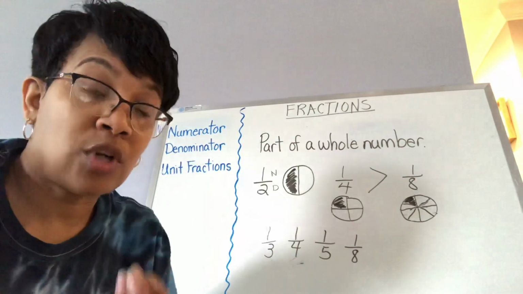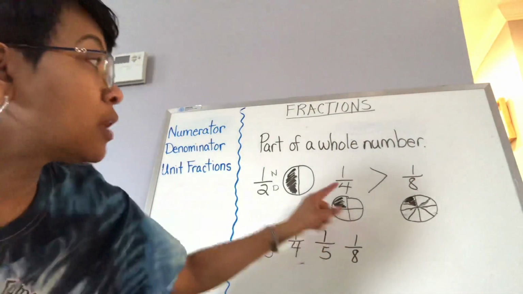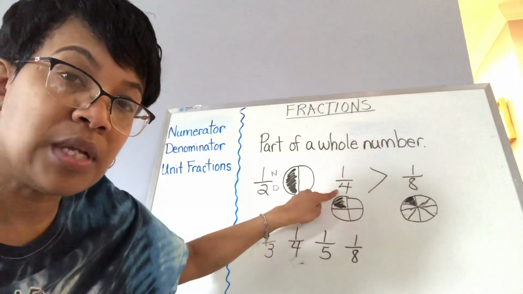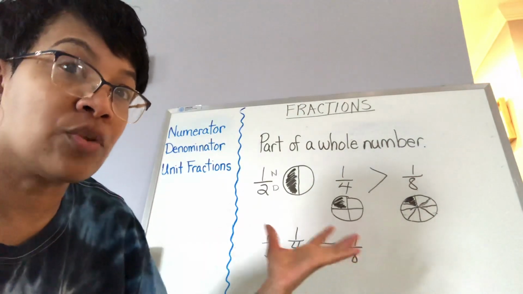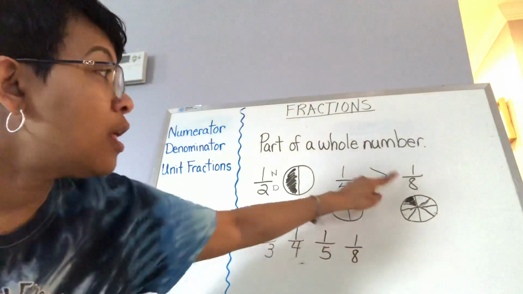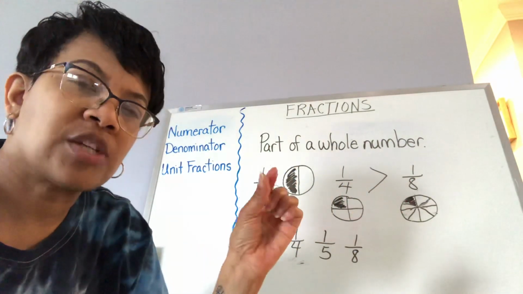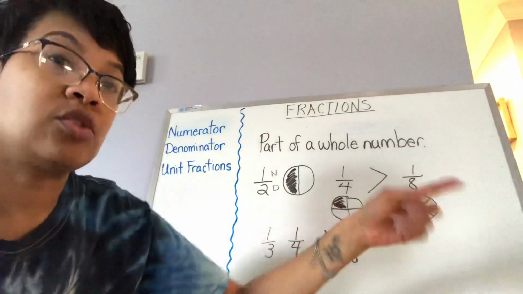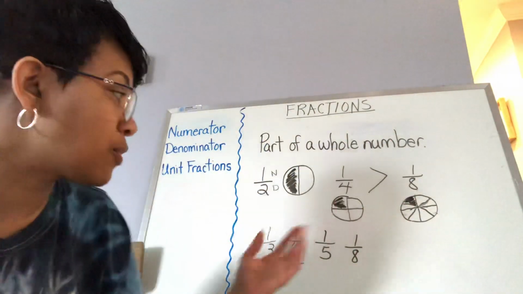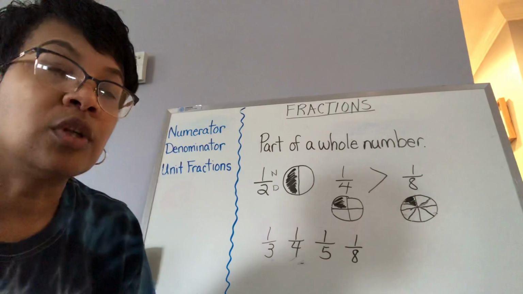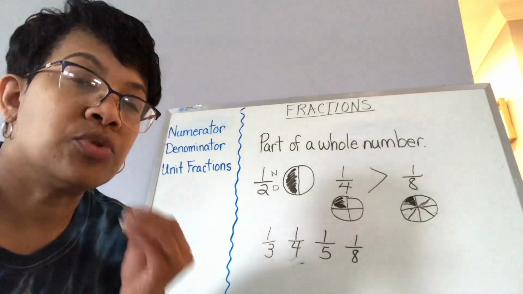And we've learned already that the smaller the denominator, the bigger the fraction. The larger the denominator, the smaller the fraction, especially when we're talking about unit fractions. We're only talking about 1/4, 1/8, or any of these down here. You're looking at the denominator to help you determine that.